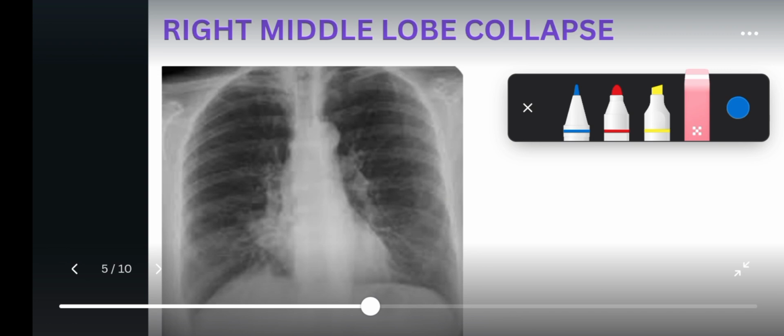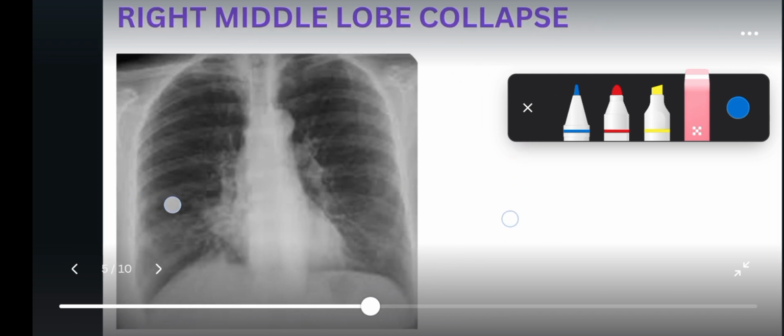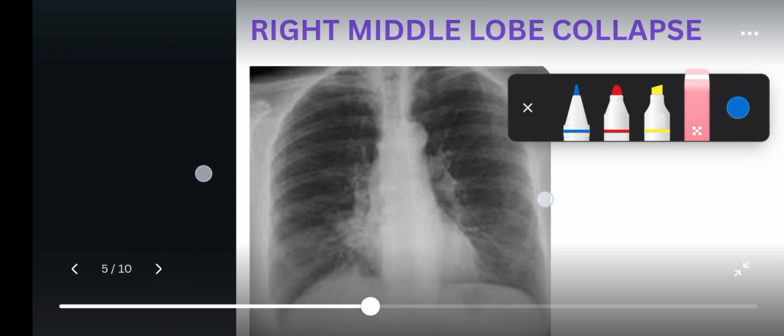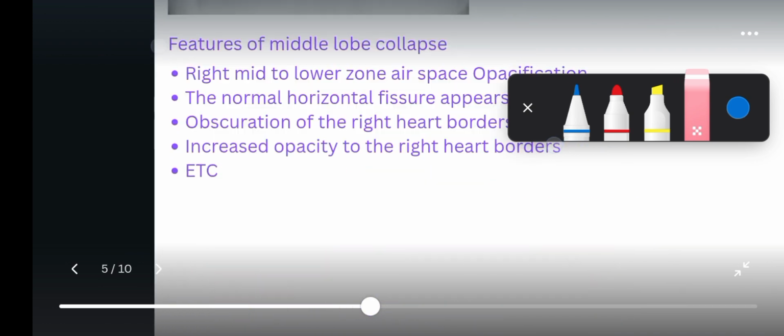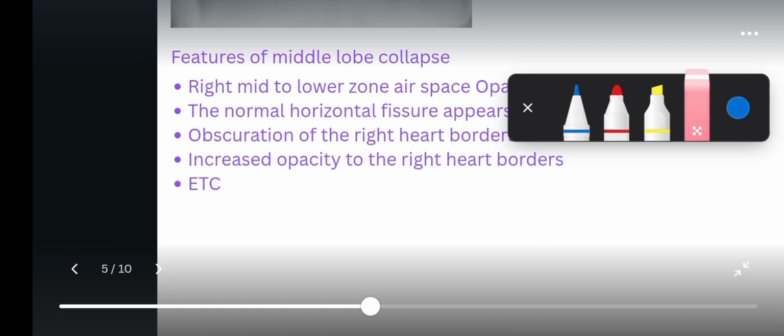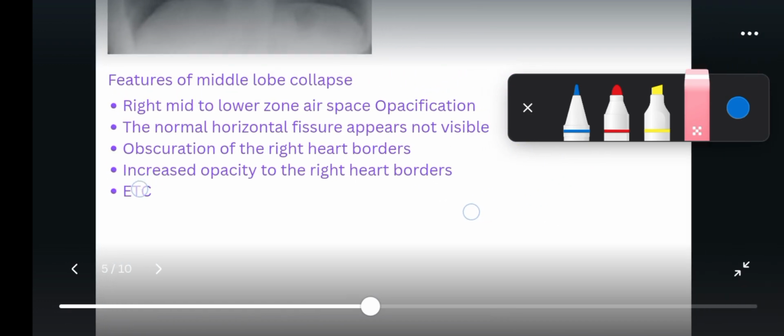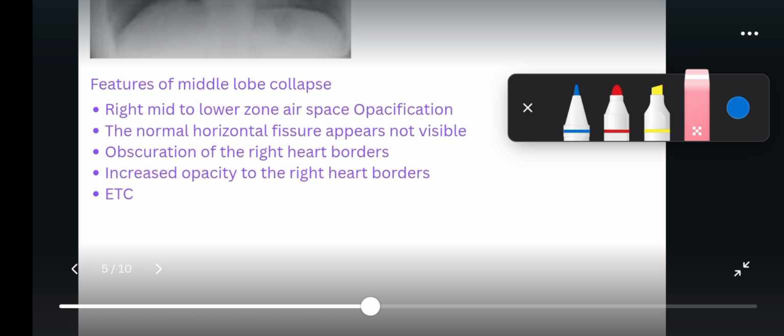We'll look at this one, right middle lobe collapse. Let's look at the features that we can see in any right middle lobe collapse. The first one is you can see right mid to lower zone air space opacification, where this is a region where the middle lobe is located.